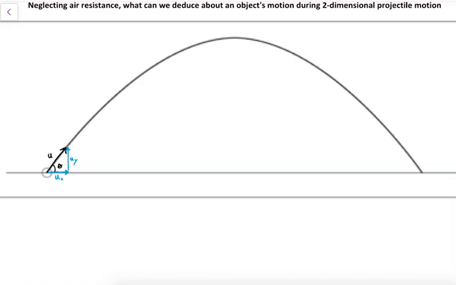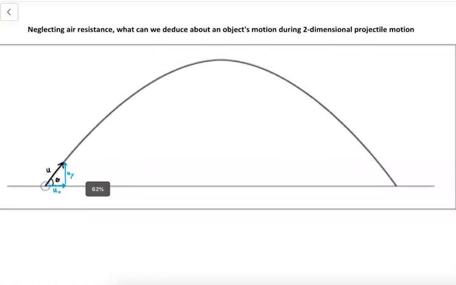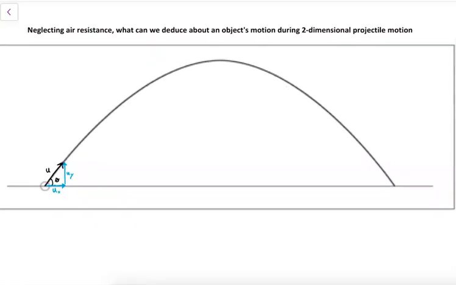But in order to do that, we need to identify the constants that exist here. That would be something like a of x, which we know, if there is no air resistance, is 0, and our acceleration in the y direction is just g. So it's negative 9.8 meters per second squared.